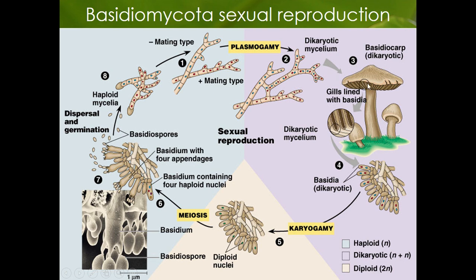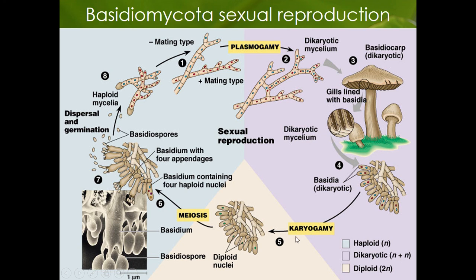The dikaryotic mycelium will produce a structure known as the basidiocarp. The basidiocarp will contain basidia located in the gills of the cap, and they are still in dikaryotic form.